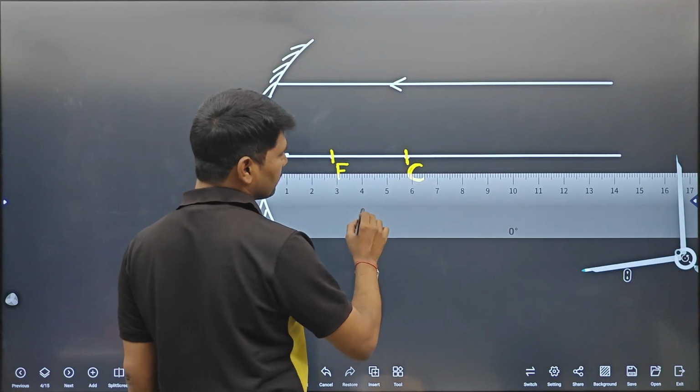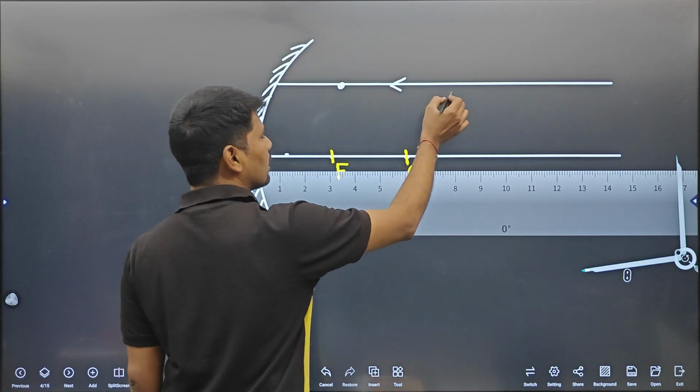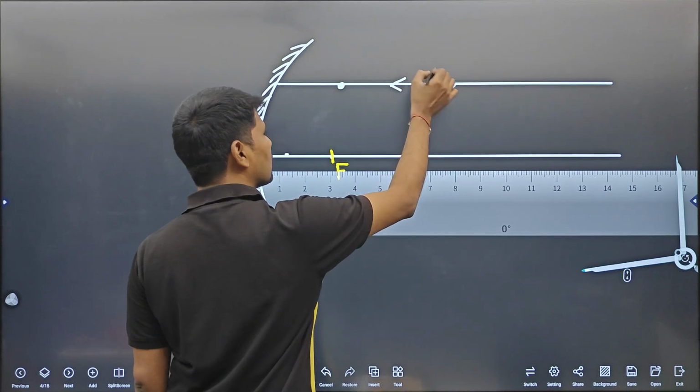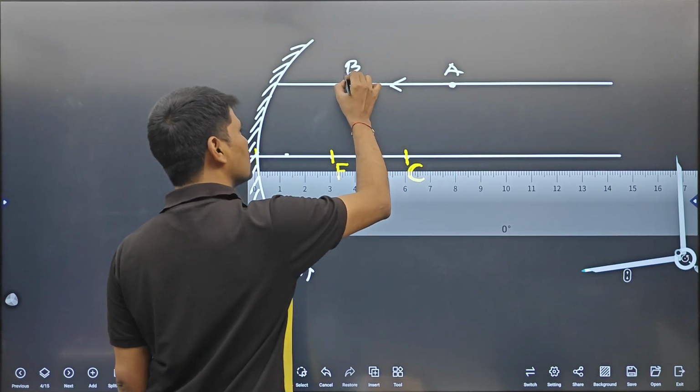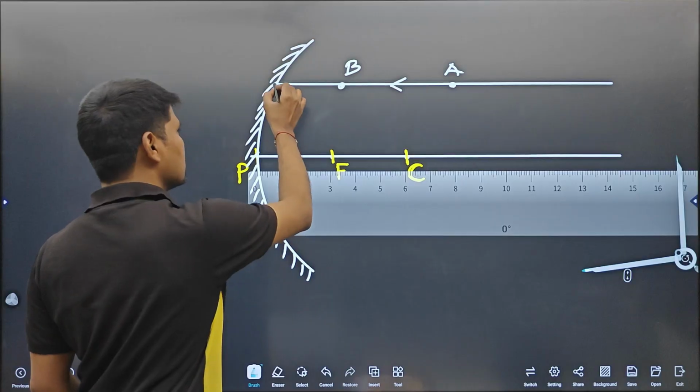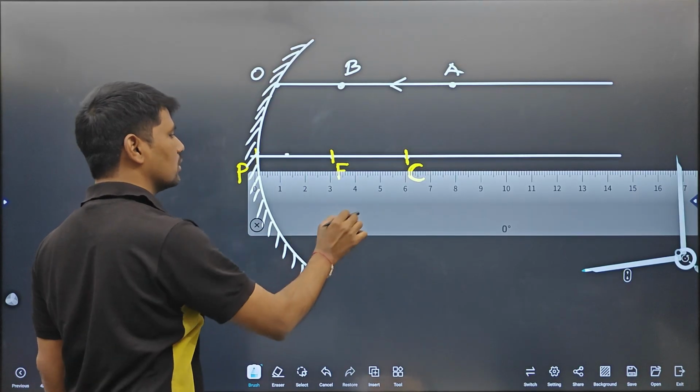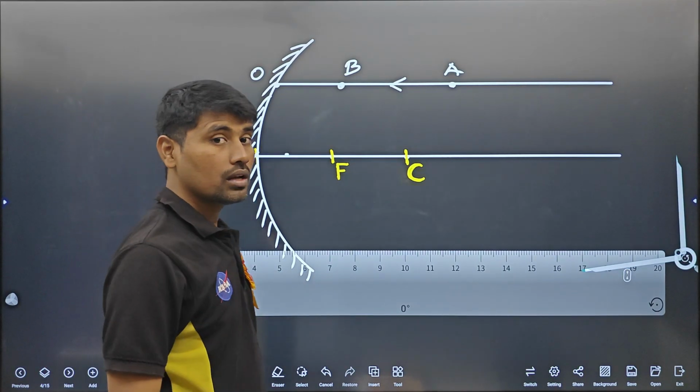Let me explain one thing. This shows the laws of reflection. AB is the incident ray, and this is the point of incidence O. How do we identify the normal?